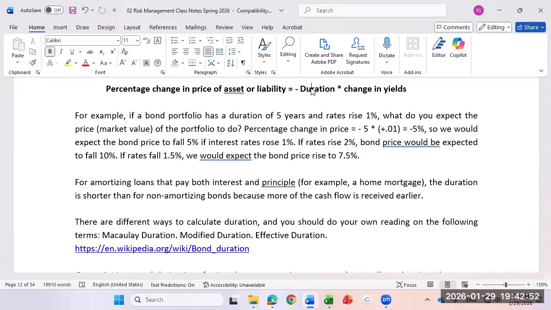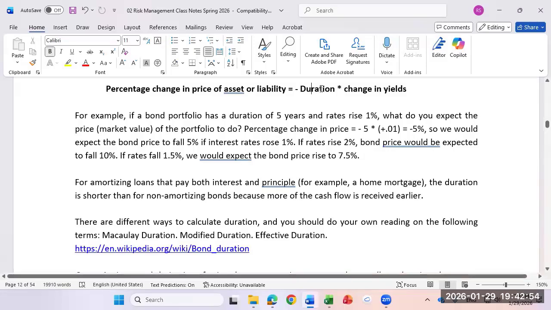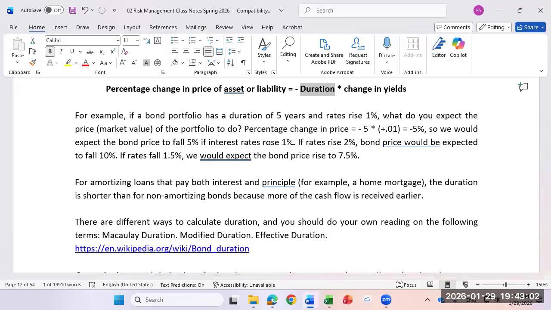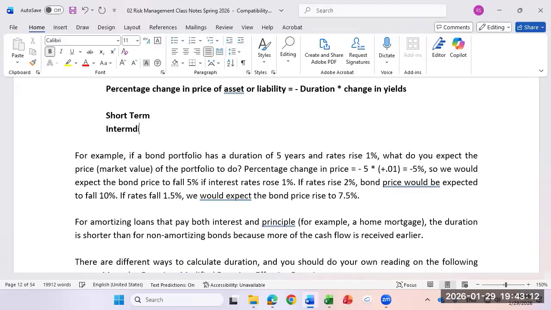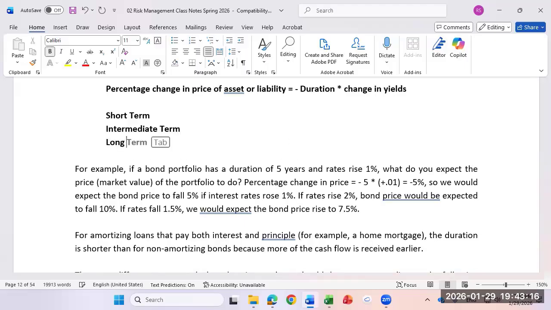So duration is useful to have. If you were to buy a bond portfolio, a mutual fund, you'd want to know the duration of that portfolio. The typical bond mutual fund has a duration of about 5 years. I can give you some terms. There's 3 categories: short term, intermediate term, and long term.